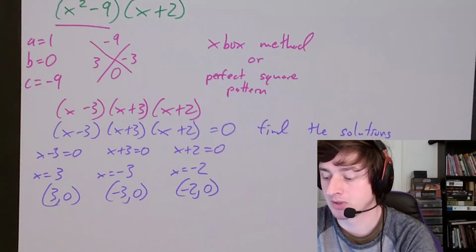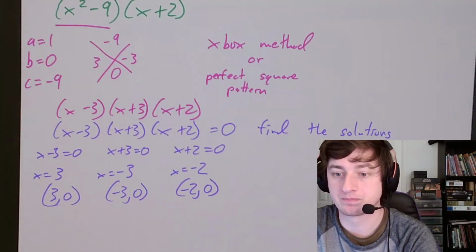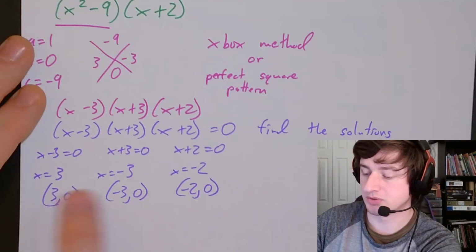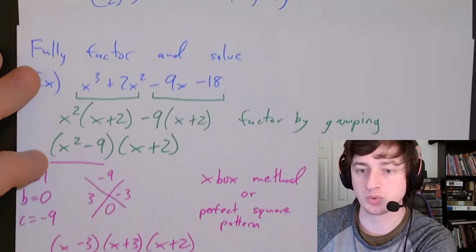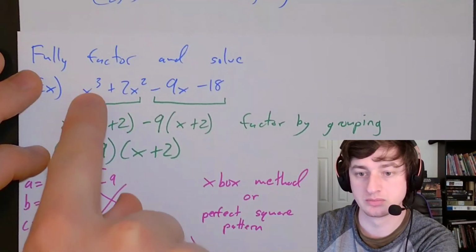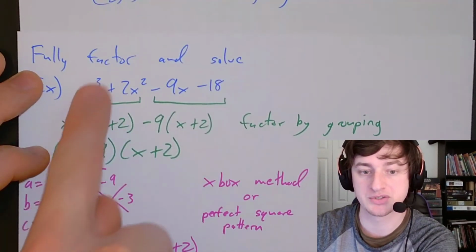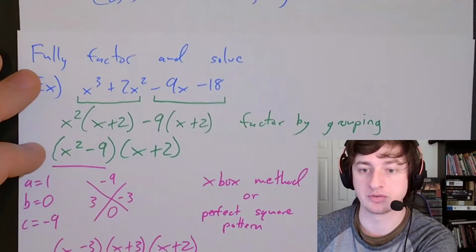So you'll notice we got 3 solutions, 1, 2, 3. And our original equation was x cubed. So our number of solutions matches the degree of the function.